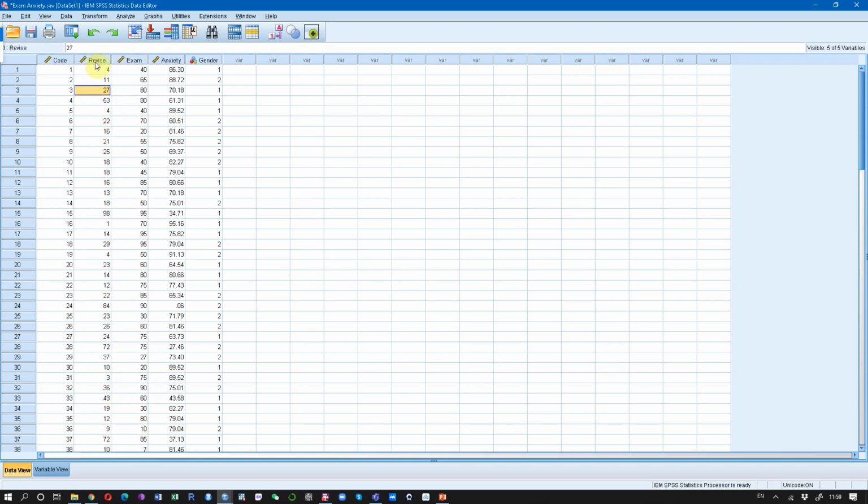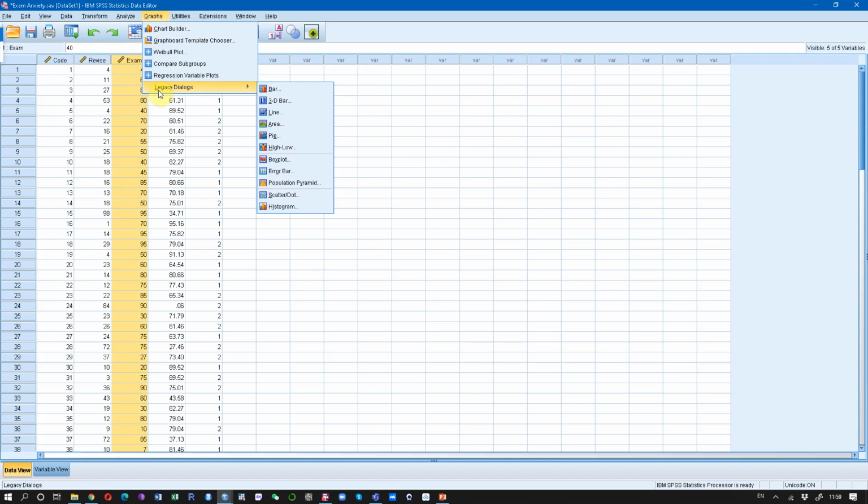My assumption would be that revision time will have a positive impact on the exam performance. So here our independent variable is revise, our dependent variable is exam. If I want to draw a scatter plot, I go to Graphs and Legacy Dialogs.